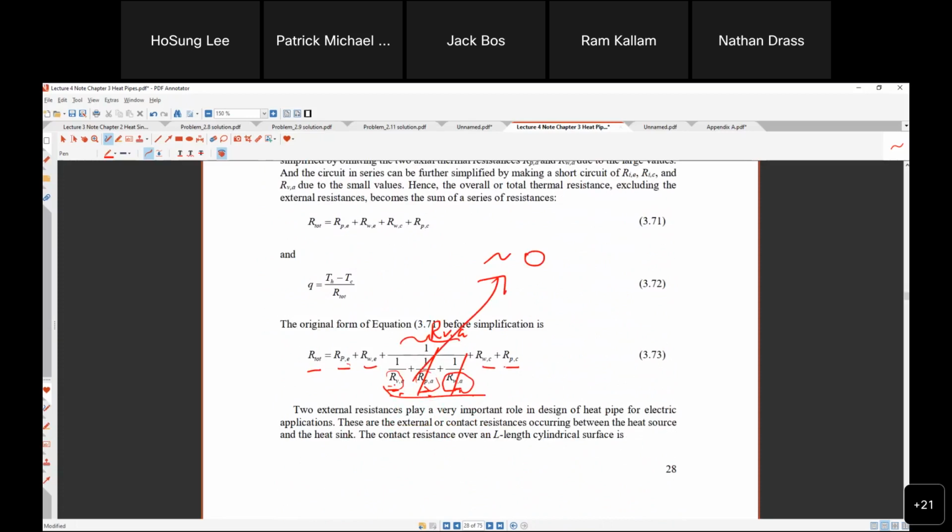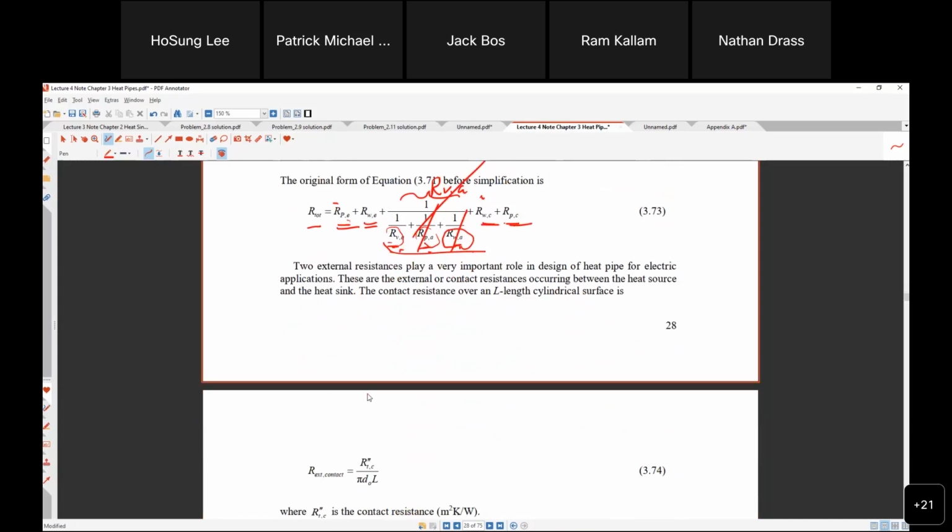So in total, the parallel components are negligible. So only pipe and condenser, but these two are the same pipe, because the material is the same, wick.